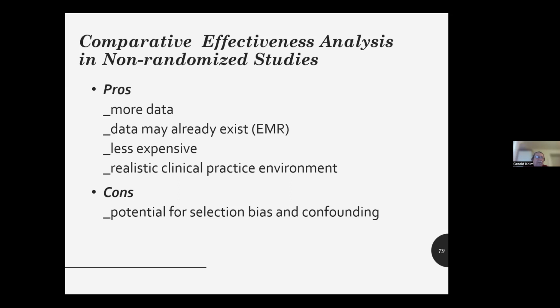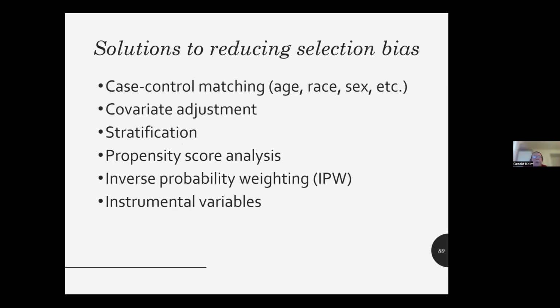The data probably already exists somewhere in a database or in EMRs. It's less expensive to do, and there's a claim that it's more realistic as far as clinical practice is concerned. The cons, of course, is that if you don't have randomization, then you have the potential for selection bias and confounding.